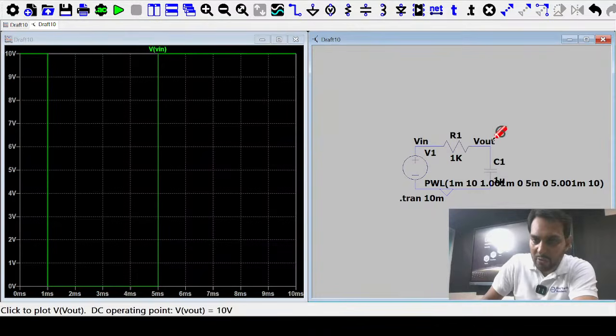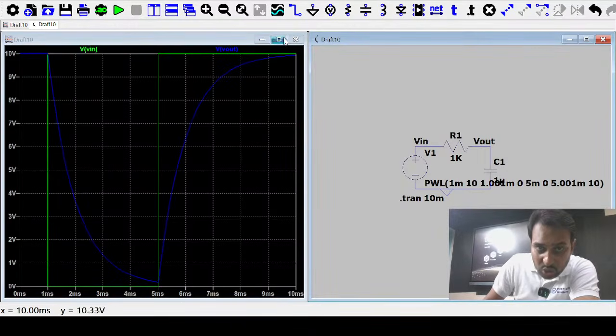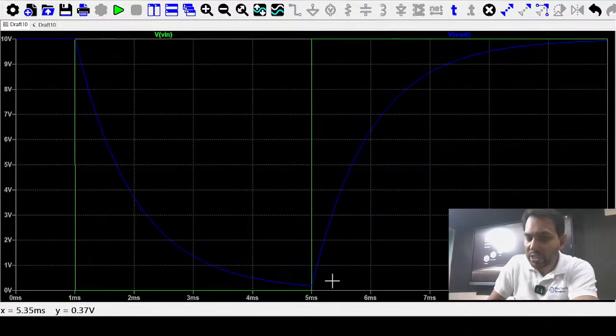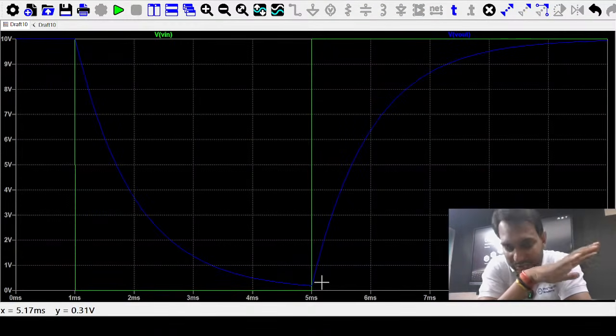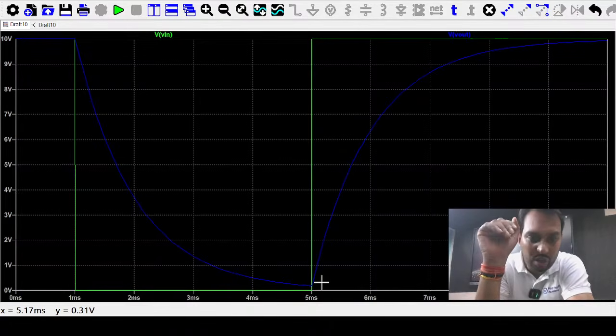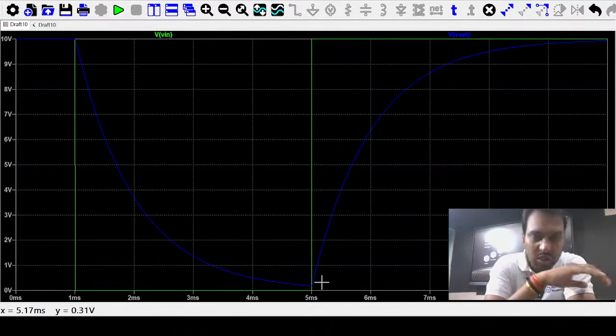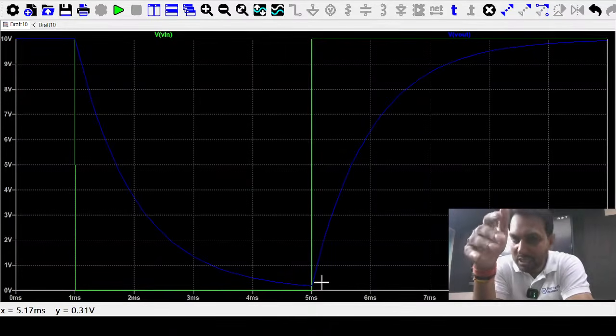So what will the output be? The output is 10. It does not reach 0. Why does it not reach 0? Because it does not have enough time to discharge to 0 volt.